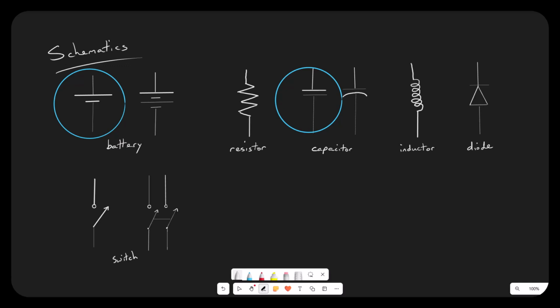You might come across something that looks like this. And this is a symbol for ground. And the one other one that you actually might come across looks like this. This is an AC power supply.